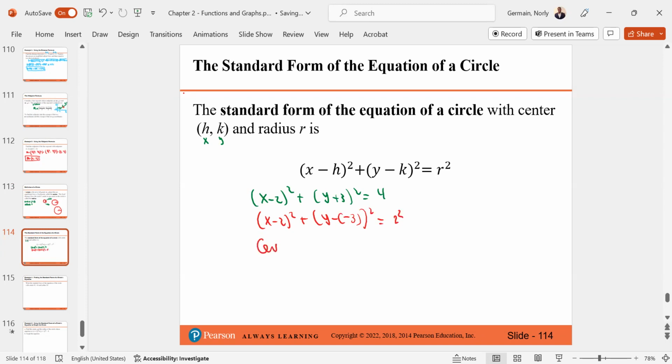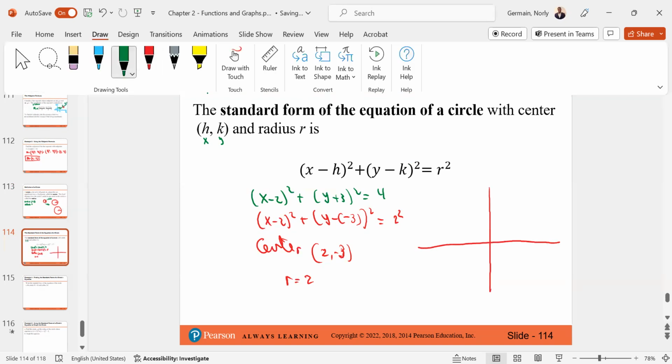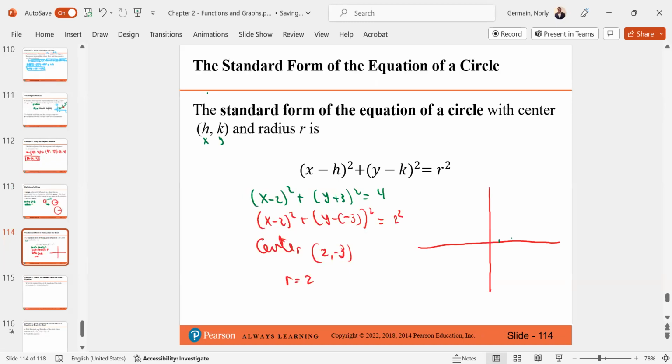So we end up with the center being (2, negative 3) and the radius is 2. Now, if they ask you to graph this circle, the first thing to do is to verify the center. When x is 2, y is negative 3. This is the center of the graph. What is the radius? The radius is 2, so we would assume this is the radius.